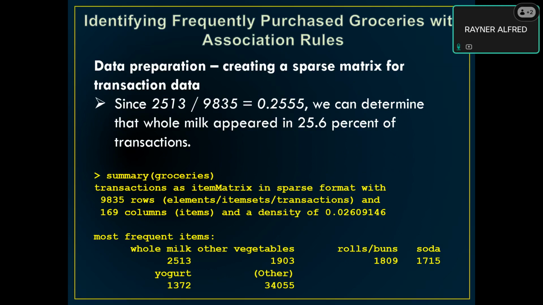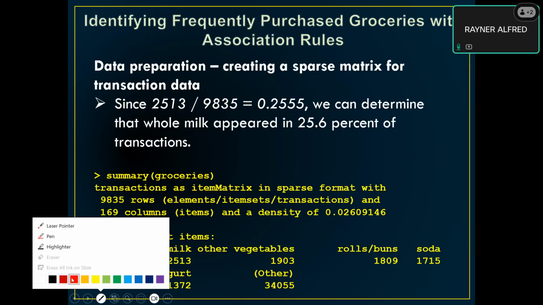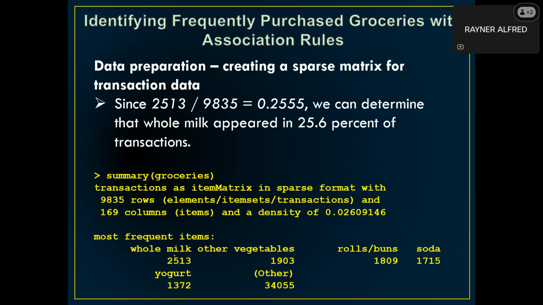They also mention here the most frequent item. For this one, we have wholemeal, which is 2513. So this is one item set.